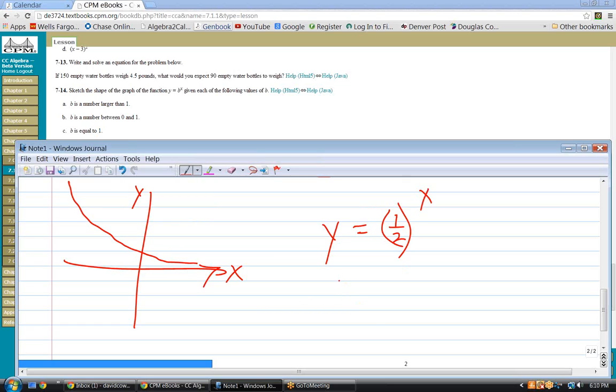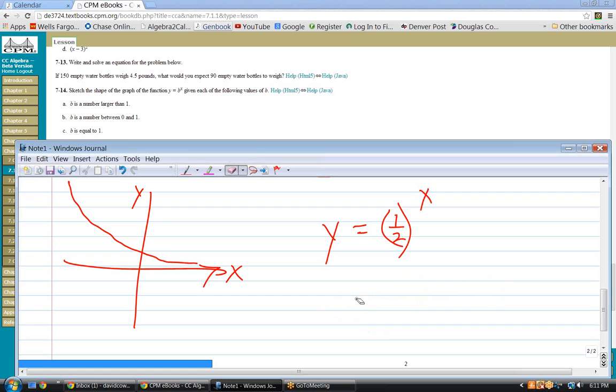If x is 2, you have 1/2 times 1/2, which is equal to 1/4. 1/4 is smaller than 1/2. If x is 3, you have another 1/2, and now you have 1/8. So as x grows, y gets smaller, all because whatever is being exponentiated is between 0 and 1.